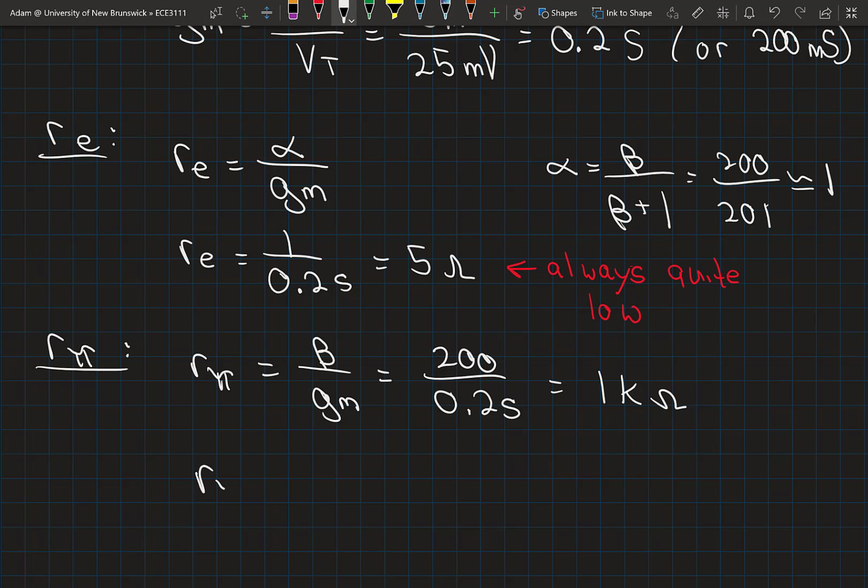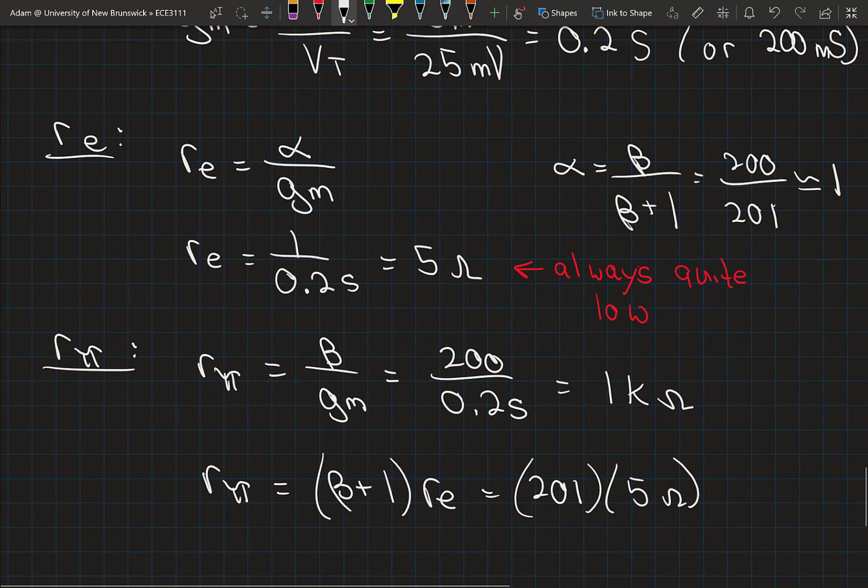We could have also calculated R pi as beta plus 1 times RE, or 201 times 5 ohms, and you'll see that this is approximately 1K. We have a little bit of error here because we approximated our value of alpha up above.